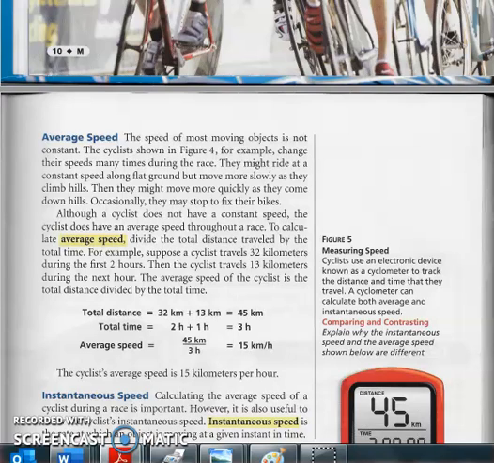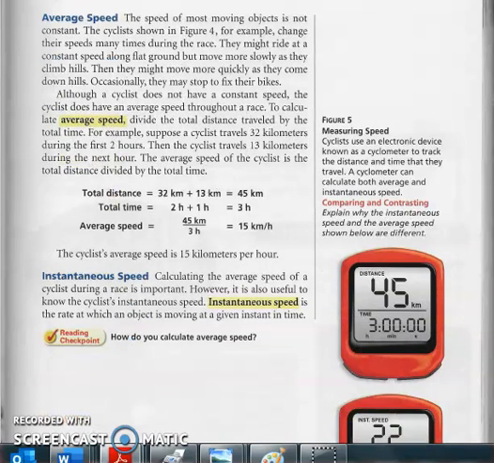To get the total time, we take 2 hours plus 1 hour, which equals 3 hours. To find the average speed, you take the total distance of 45 kilometers and divide it by the total time, which is 3 hours. And we get the average speed equals 15 kilometers per hour. So the cyclist's average speed is 15 kilometers per hour.